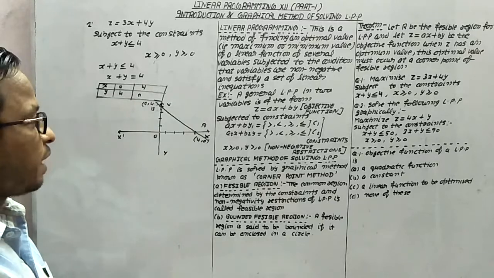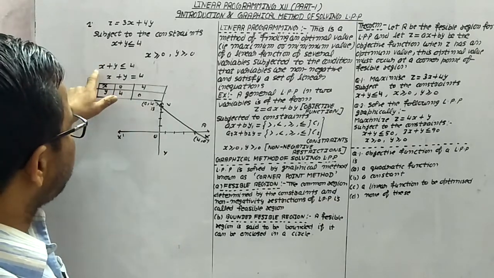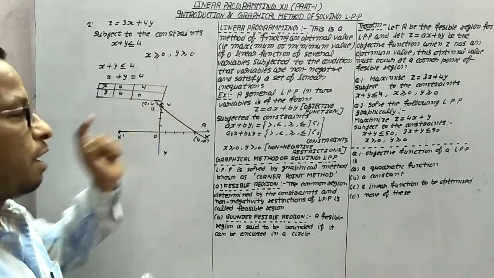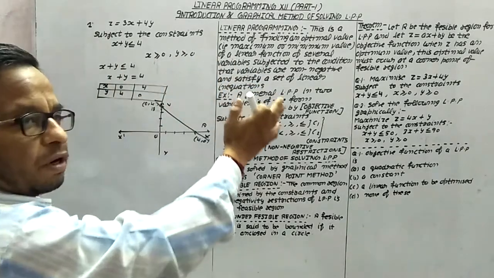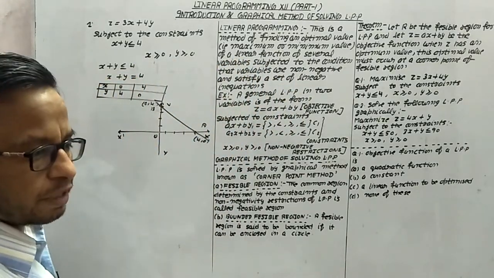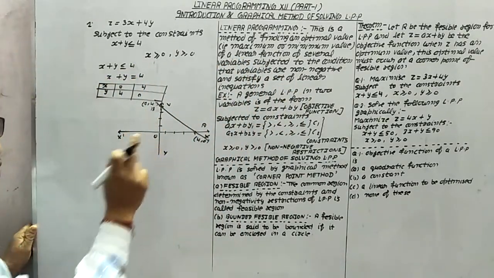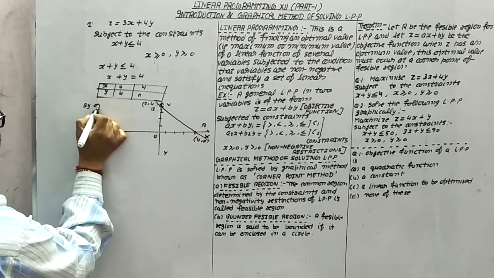Now by origin test, we will decide what will be the situation of this linear inequality. Either this is towards the origin or away from the origin. So for this, we can apply the origin test because the line is not passing through the origin. So by origin test, what are we observing?